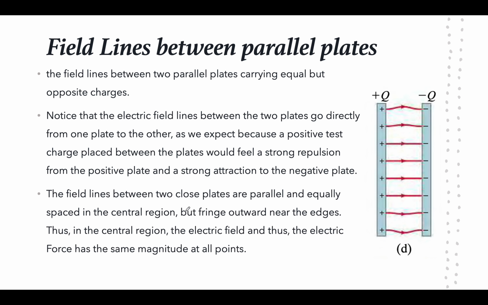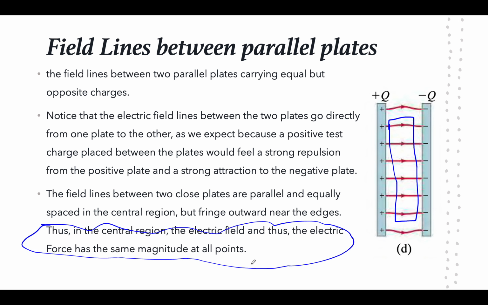Now the field lines between two closed plates are parallel and equally spaced in the central region. Which means something very important: in the central region, the electric field and the electric force have the same magnitude at all points.